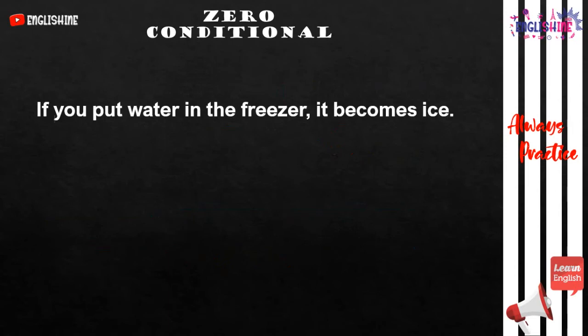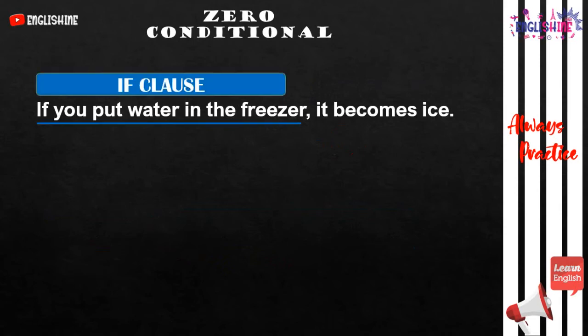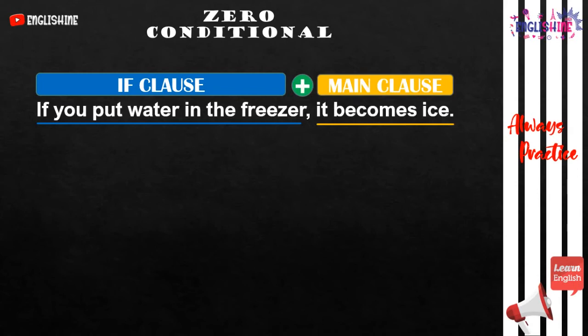If you put water in the freezer, it becomes ice. If you put water in the freezer is the if clause. It becomes ice is the main clause. Using a comma after the word freezer.